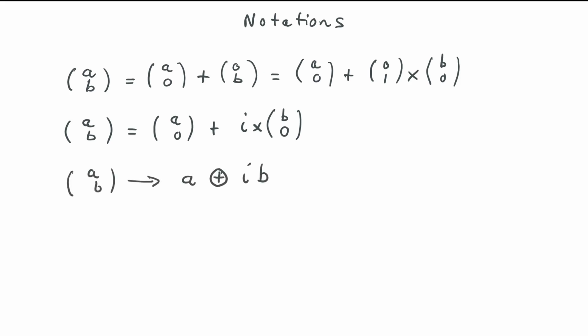Now comes the magic. I say, well, I am going to change notation. You are really looking for an expression here. And you say, well, the pair (a, b), I'm going to map it mentally to a certain a plus, with a round circle, ib. I put the round because I really want to insist, just for this slide, that this is not the addition of pairs. It's just symbolic, okay?